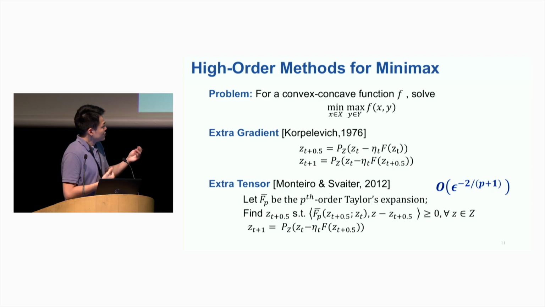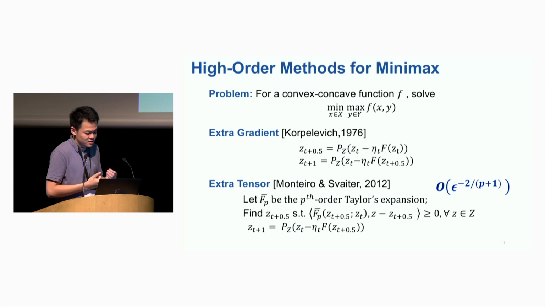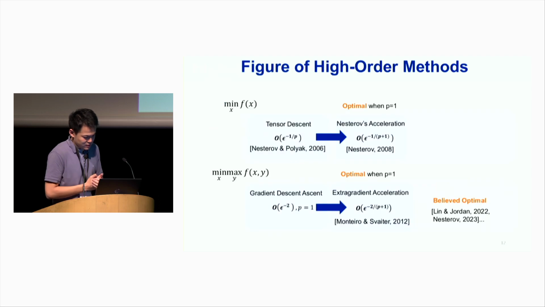Again, we can run a tensor step. The expression is a little bit hard, but it's a counterpart of the tensor step in minimization. We can run a tensor step for min-max optimization, and we can achieve a rate that is epsilon to the negative 2 over p plus 1. But there is an open problem here, and we will see why.